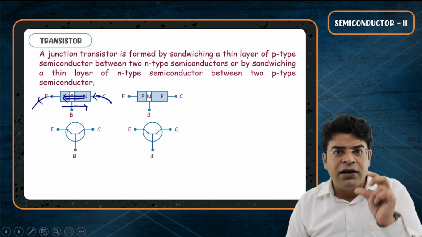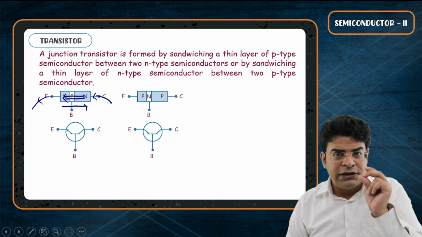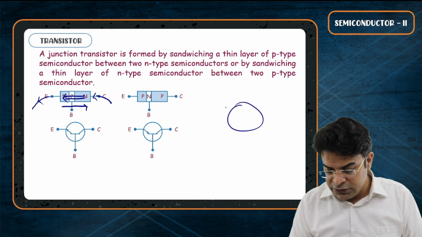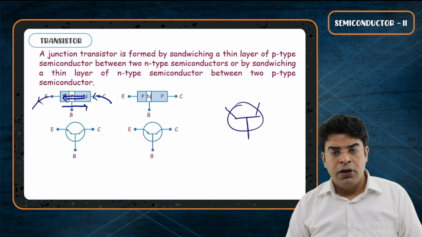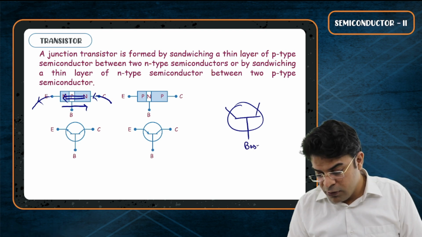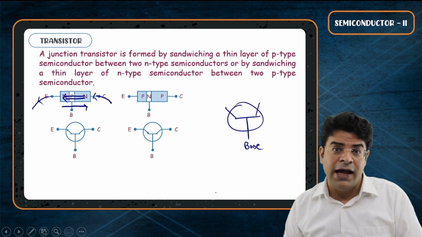There is a circuit representation of a transistor. When we represent the transistor in a circuit, we draw it something like this. The part which is sandwiched in the middle is the base, and the part on which current is marked, that is the emitter.